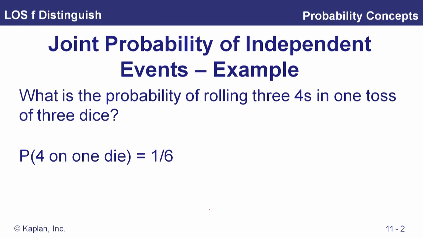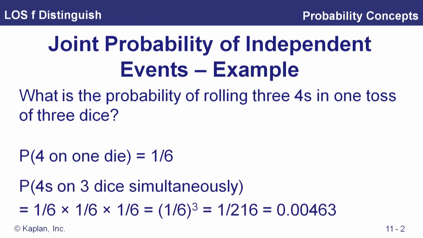So for the probability of 4s on all 3, we just multiply those probabilities. So if we're going to roll 3 dice and get 3 4s, then it's 1/6 times 1/6 times 1/6. So our probability of that is 0.00463, or 0.463%. So it's a small portion of the time you're going to get 3 4s.